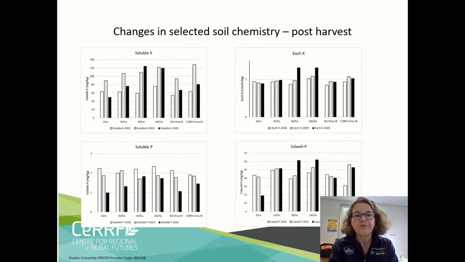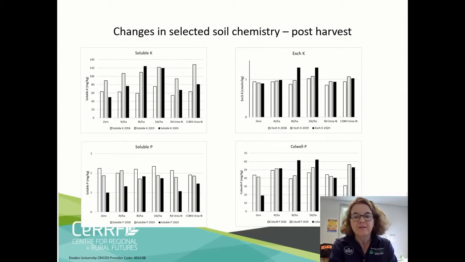These graphs show the changes in potassium and phosphorus in post-harvest 0 to 30 centimetre soil samples for each particular year, and they are conservative for the application of litter in that they have good relationships between litter rate and soil concentrations, and therefore seem to be fairly reliable soil tests to ascertain the value of litter in the longer term for farmers.